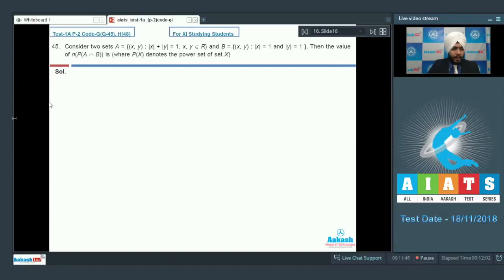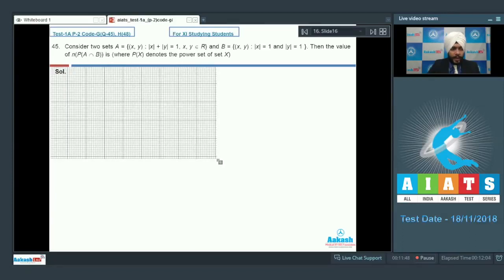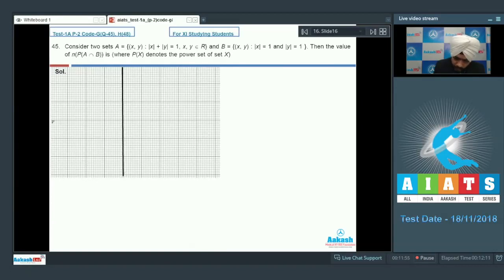So now let us try to draw the graph. The graph of the A set is quite easy. Mod x plus mod y equals 1. Students, whenever we encounter mod, we take the cases for that particular quantity to be positive or negative. In the first quadrant, both x and y are positive, so the answer will be a straight line, something like this.